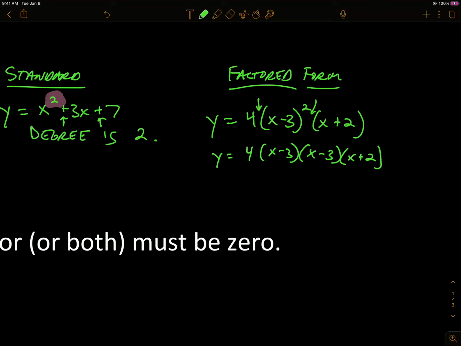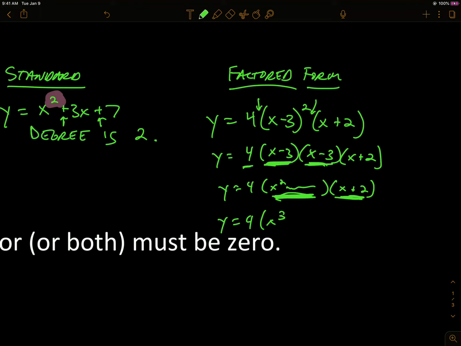If you multiplied this out, this doesn't have an x in it, but when I multiply this x times this x, I'll get lots of terms, but the highest one it could possibly be is x squared. So now I would have a 4 times an x squared with some other stuff. And then when I multiply this x squared times this x, it'll get lots of terms in it, but the biggest one it could be is x to the third, with the other stuff in it, but who cares?